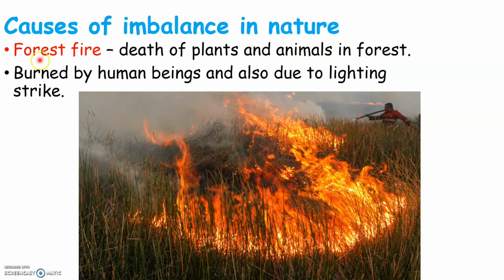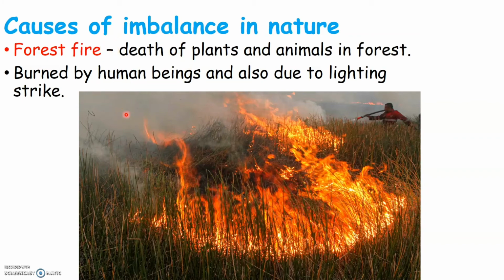So thus we say that forest fire is also a cause of imbalance in nature. So now we have learned 4 important causes of imbalance in nature. That is deforestation, hunting, forest fire and pollution.